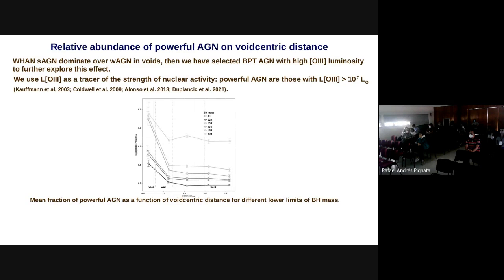The powerful AGN are those with luminosity of [OIII] greater than 10^7, and these are the fraction of this powerful AGN as a function of the distance to the void. Colors are similar to the previous figure, and here we obtain a similar result. Powerful AGN dominate in void environments.